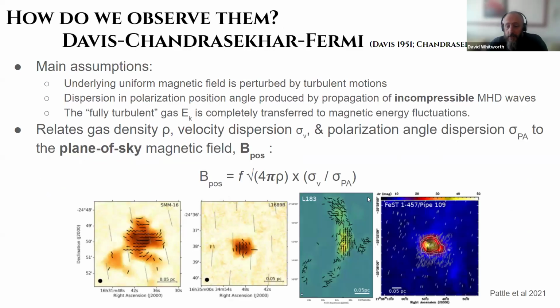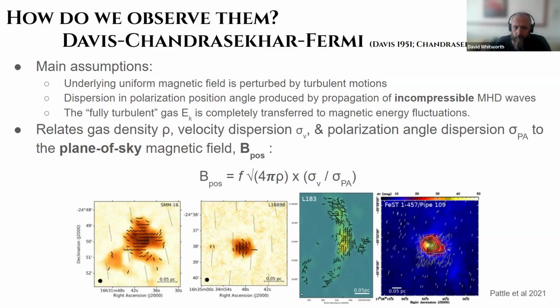The most common, not Zeeman, is the Davis-Chandrasekhar-Fermi method, DCF. And this comes with a lot of assumptions. It assumes that the underlying magnetic field is uniform and is connected to the turbulent motions in the gas.